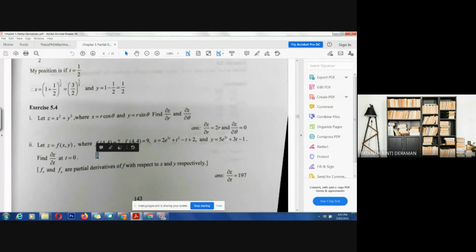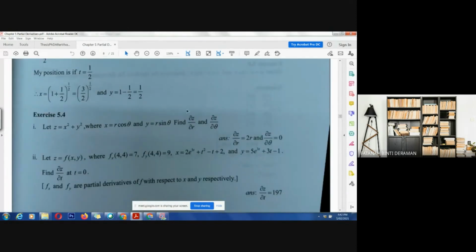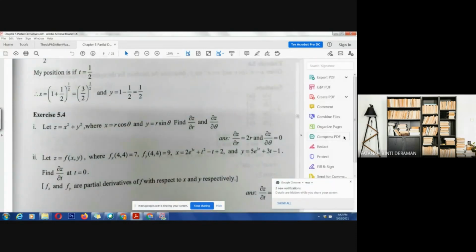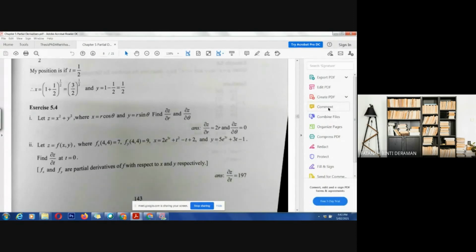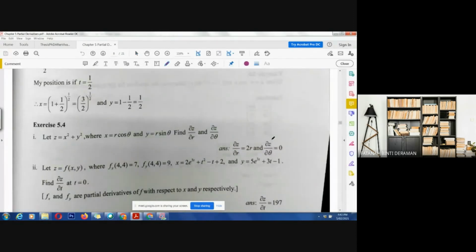For example, if there are three: fx is 7, fy is 9, and fz equals 3. Then it says fx, fy and fz are the partial derivatives with respect to x, y and z respectively.